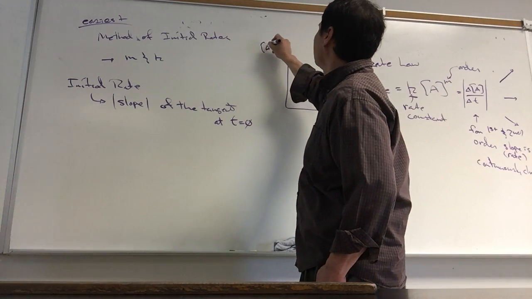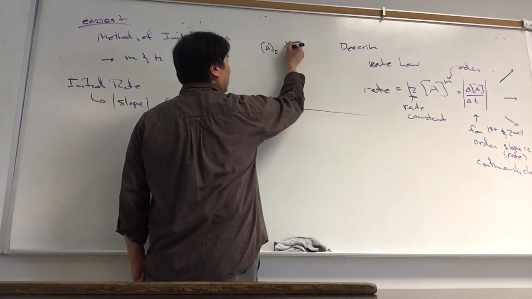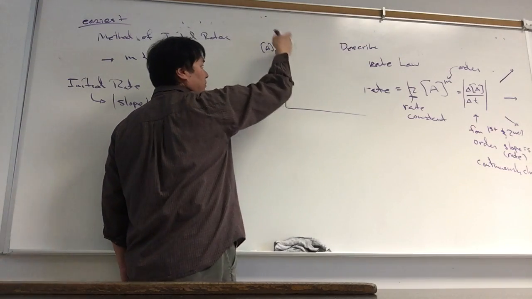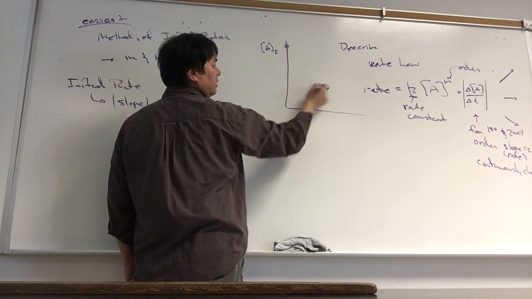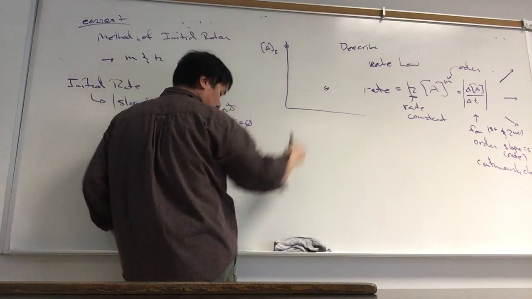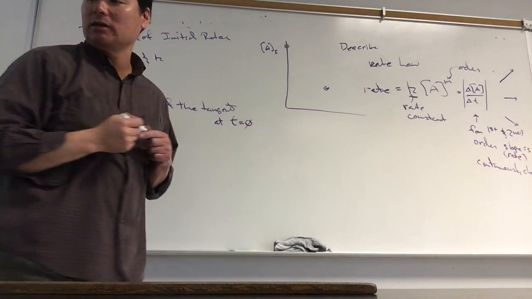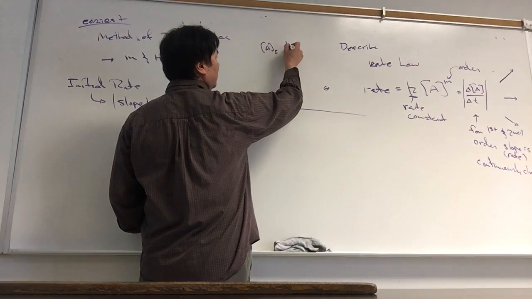So we're going to have some initial concentration, which we'll call A sub I. That's here. And we want to figure out how fast is it reacting here versus down here. Down here we have some fraction of the initial, and the rate's going to be a lot slower. And so when we look at the curve, the curve might look like this.